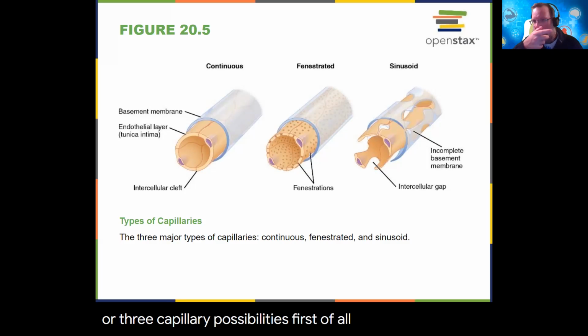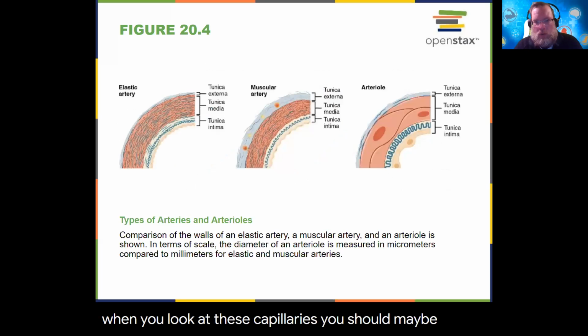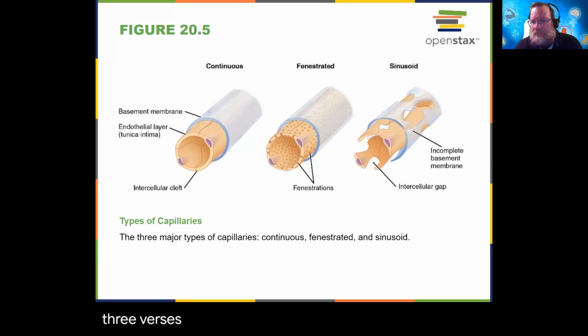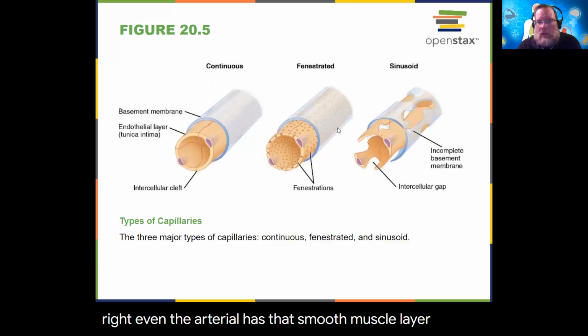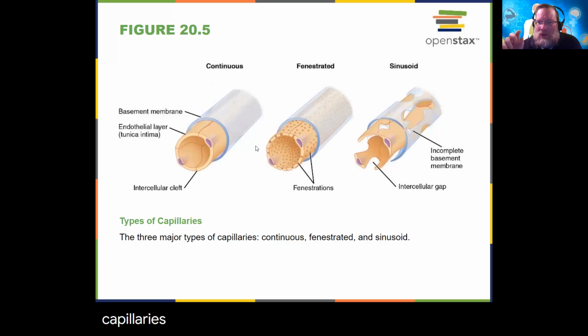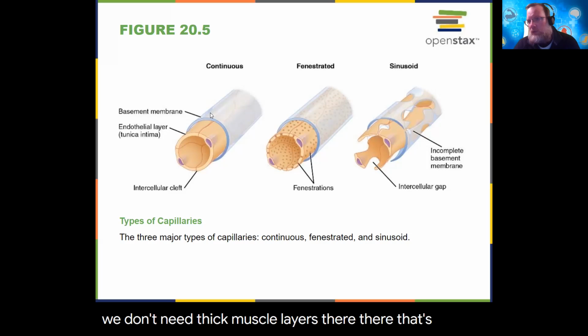First of all, when you look at these capillaries, you should notice, as I go back and forth, artery versus capillary, that we don't have that muscle layer. Even the arteriole has that smooth muscle layer. Capillaries, remember, are the only vessel where we can get anything out of the bloodstream or into the bloodstream. So we don't need thick muscle layers. That's not their goal.